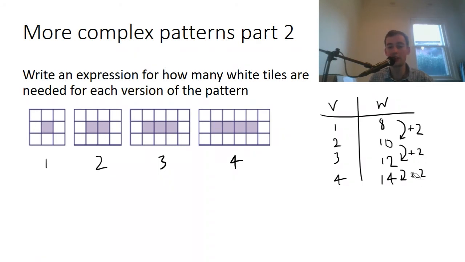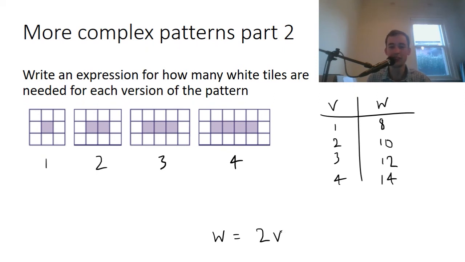Okay, so that's kind of like the 2 times tables, isn't it? The number of white tiles increases by 2 each time. So what if it's just 2 times the version number?